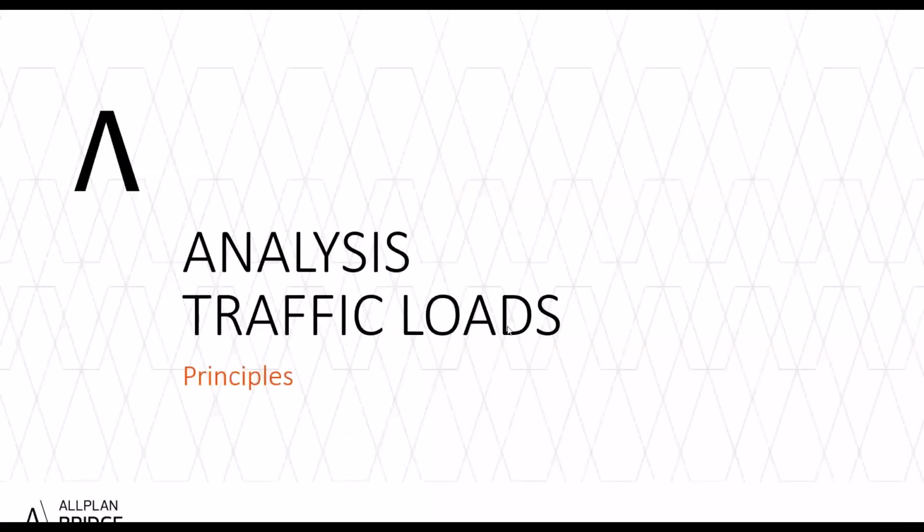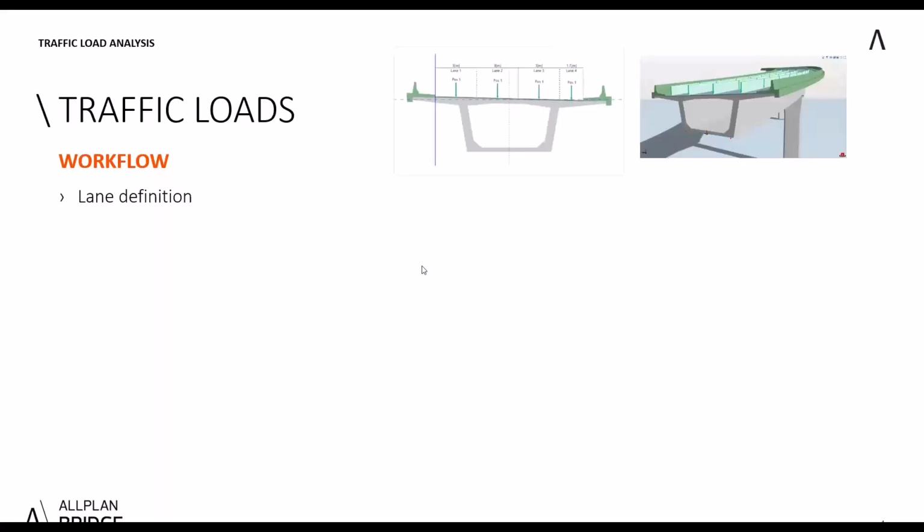First of all, I will give you an overview of the whole concept. And in the following, I will then go more into detail for all the particular points. The first point would be to define the lanes. I think most of the design codes have a similar approach, so that you have a certain distribution of lanes on your roadway.